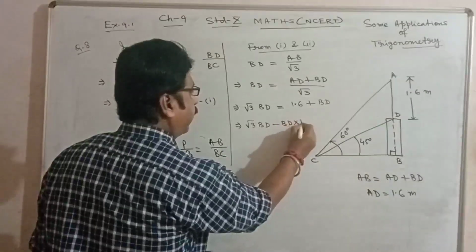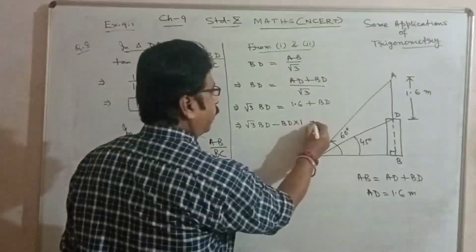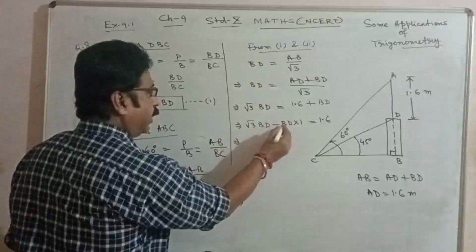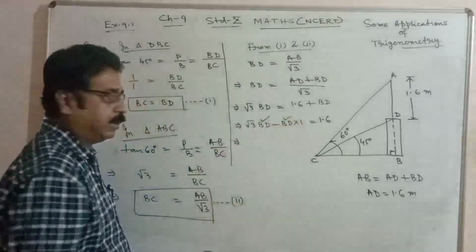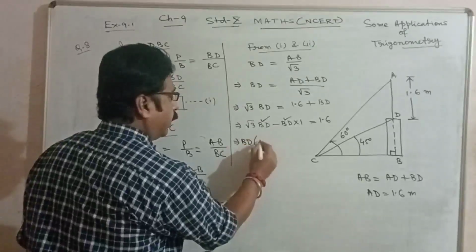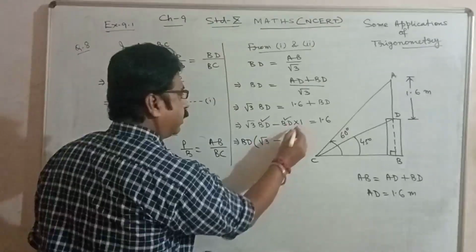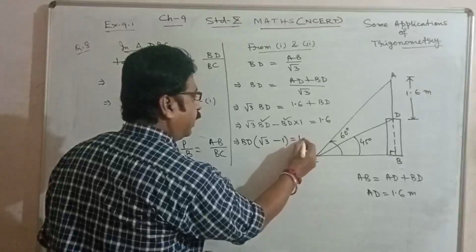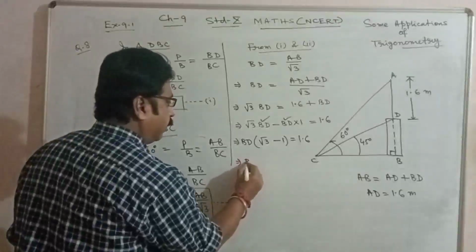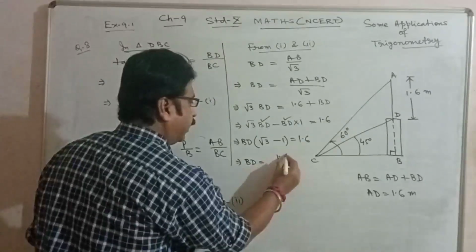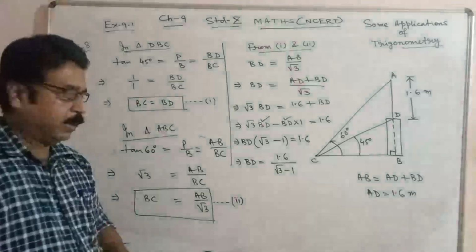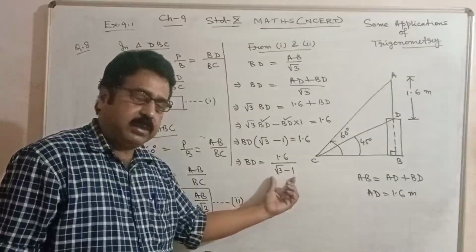You can write BD into root 3 minus 1 equals 1.6. BD equals 1.6 upon root 3 minus 1. Now we have to rationalize this part.